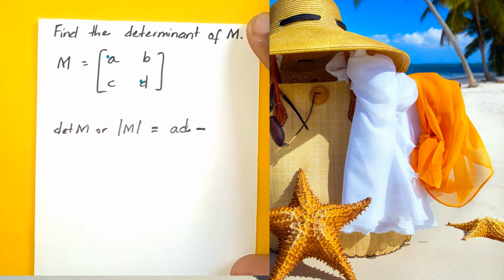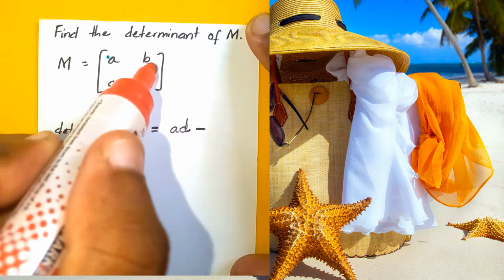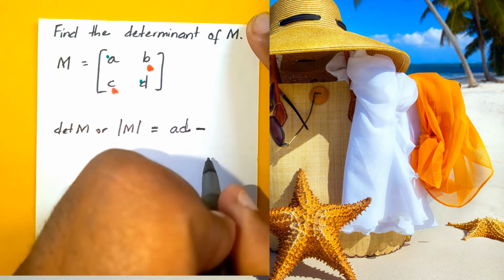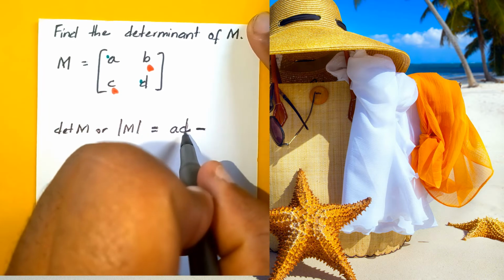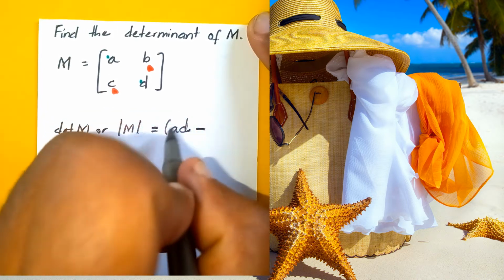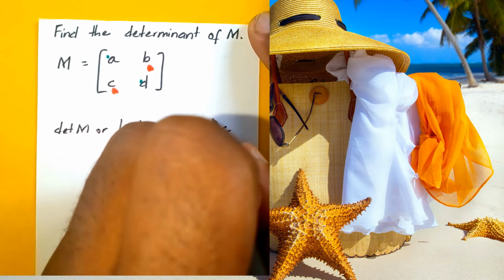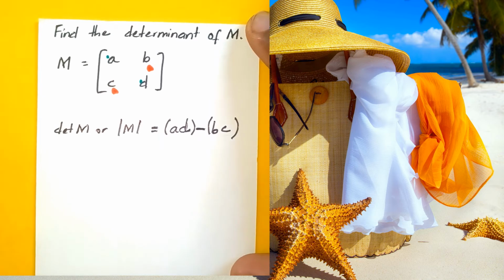And when I say off diagonals, I mean this. That's what I mean by off diagonals. And product means you're going to multiply. So it's going to be A times D, work that out, subtract B times C. This is a simple formula to calculate the determinant of a matrix.